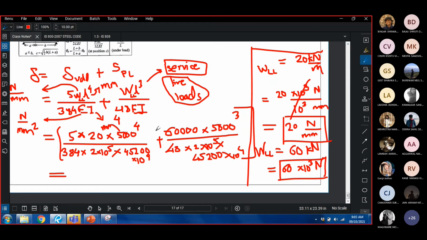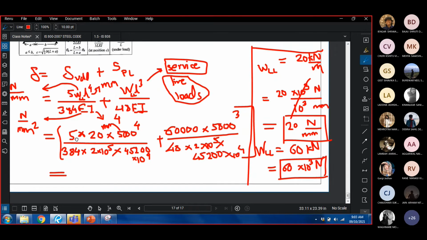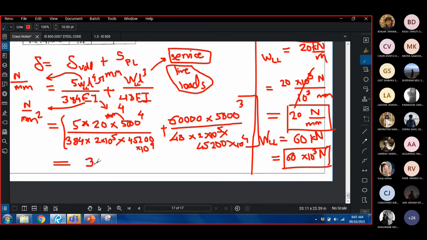Anyone? So the value that I'm getting is 3.52 mm. Can someone confirm this value?